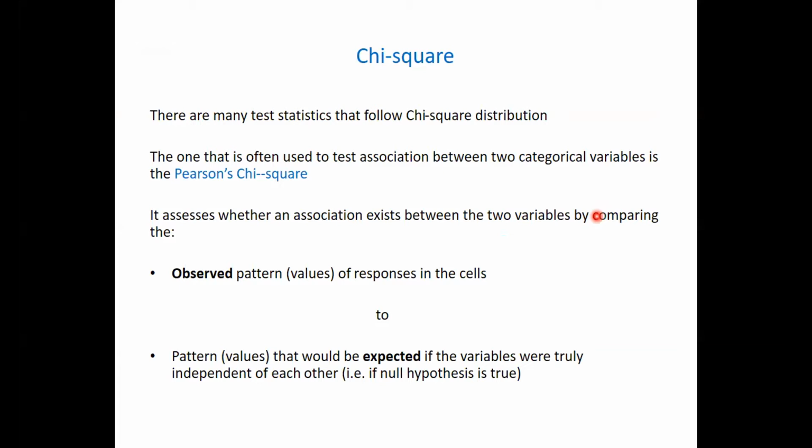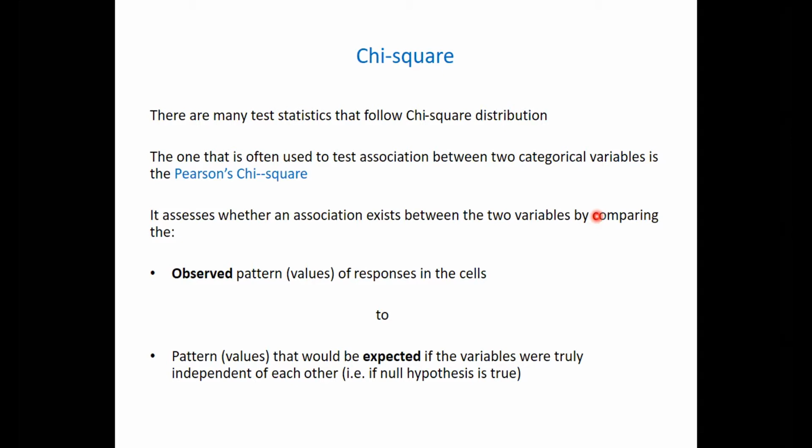What it does is to put the variables in a contingency table, as I've just shown, and compare what you are seeing on the table, which is called the observed value or observed pattern, with a pattern which you expect.